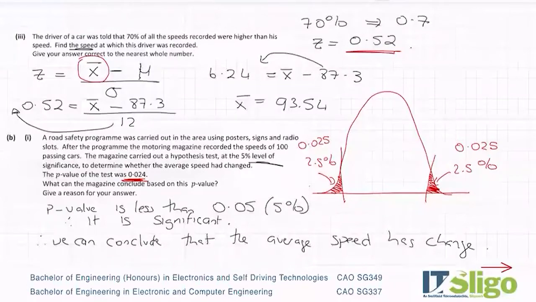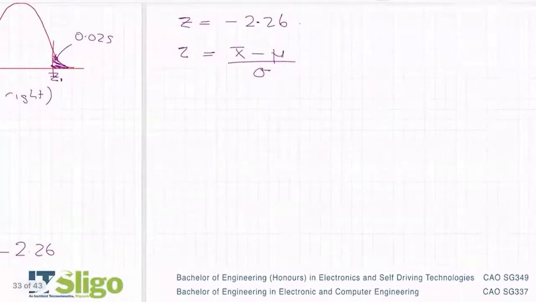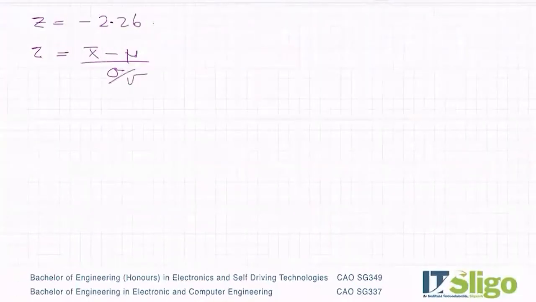So I'm just reading the question to check, does it say means in it, or do you just have to know that the p-value was done using the central limit theorem? Yeah, you do. So you'll have to divide by root n, because a p-value comes with the central limit theorem.